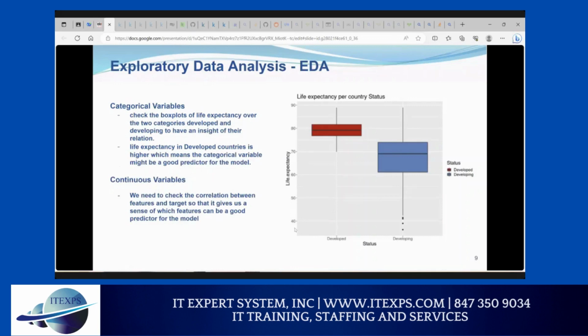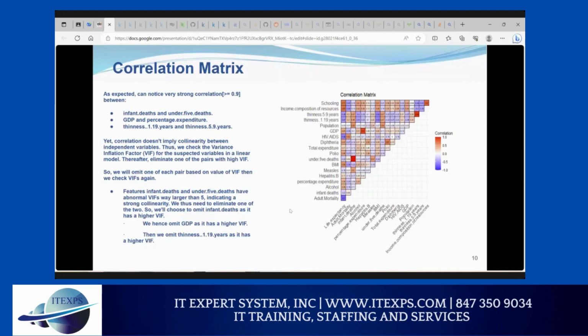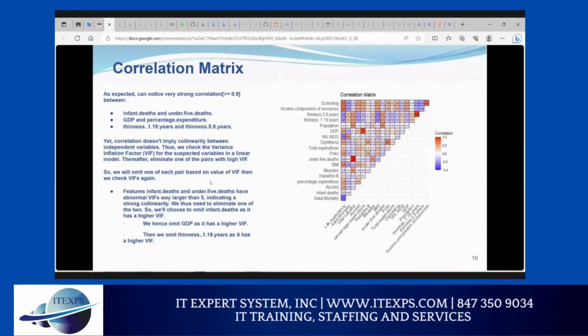Then we ran a correlation matrix. After that, we could see that some of the features have a strong correlation between themselves. So that's collinearity between those features. I checked some of them with the variance inflation factor as well, just to make sure. Some numbers were above 5, so I removed what was larger than 5 and kept the rest.